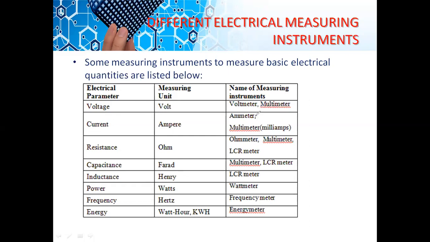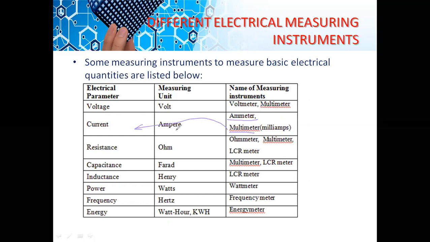Similarly, ammeter and multimeter are used to measure current, and the current units are amperes. To measure resistance, units ohm, we use ohmmeter, multimeter, LCR meter.